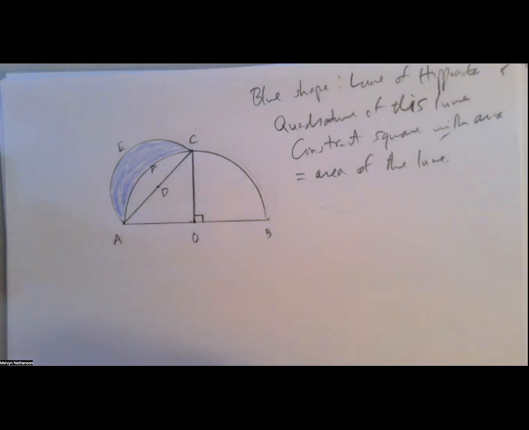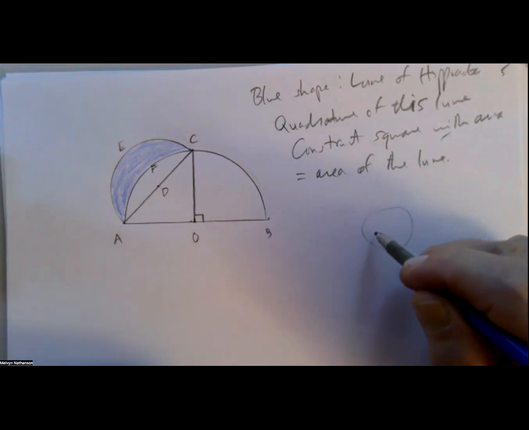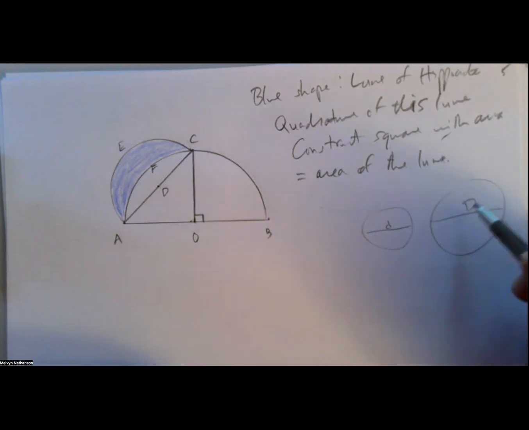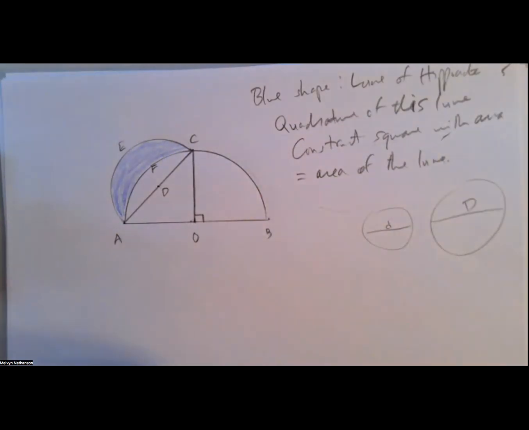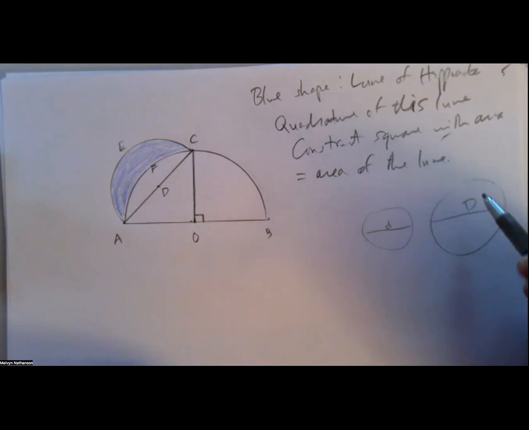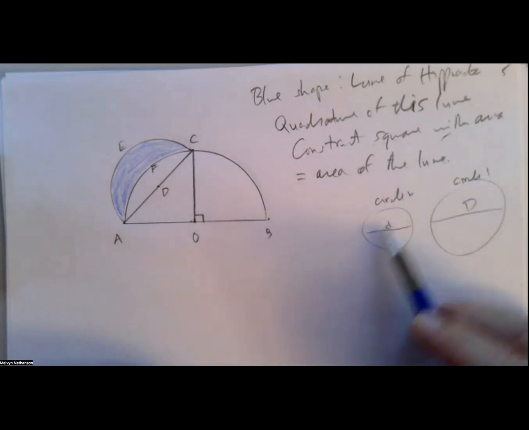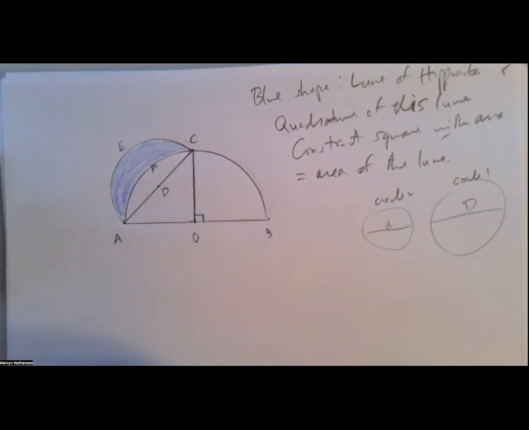There also is a theorem that says the following: if you have two circles, one with diameter little d and one with diameter capital D, the ratio of the areas of these circles is like the ratio of the squares of the diameters.